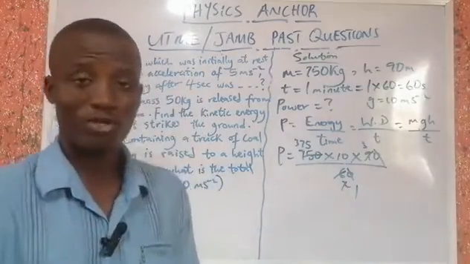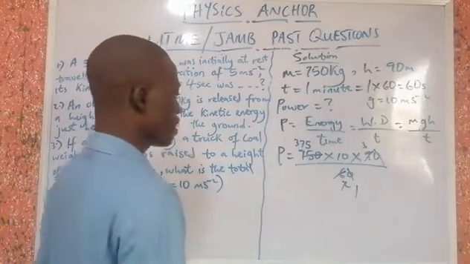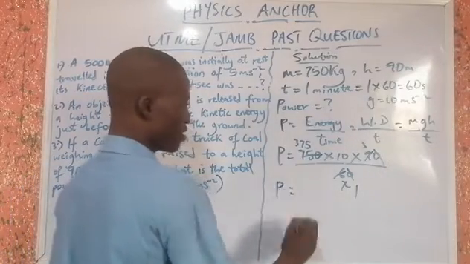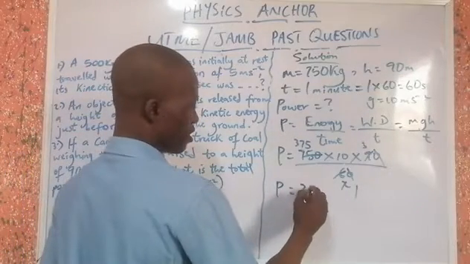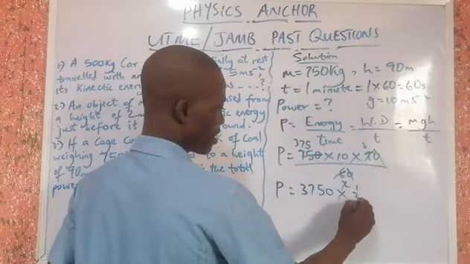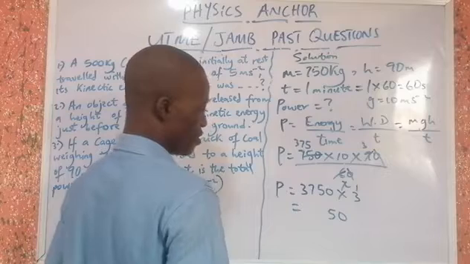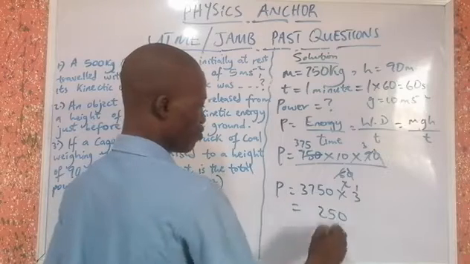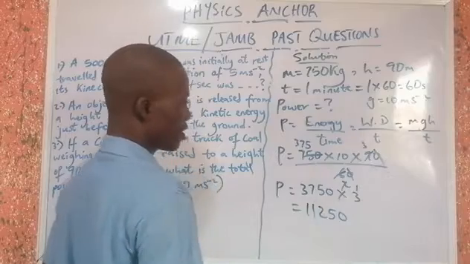You can use your calculator, of course, not to waste your time if you have that. I'm just trying to actually do the little I can without calculator. So that will give me 3750 times 3, and that will give me 11250. So this is what I'm going to have.